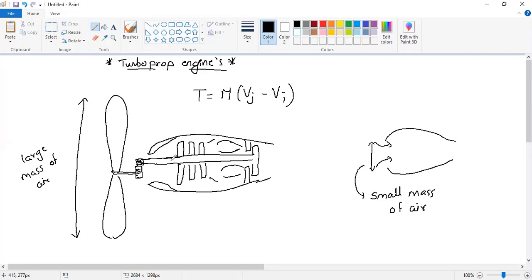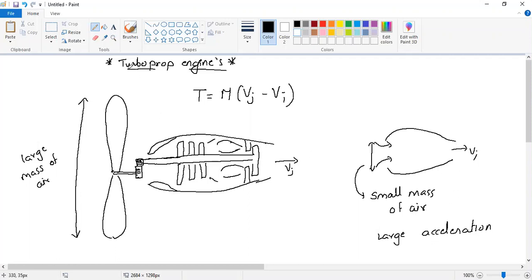And then we accelerate. Both of them will be accelerated here, right? So the accelerated velocity is this Vj. Here, small mass of air, larger acceleration. I will take the small mass of air and accelerate it to a very large value.